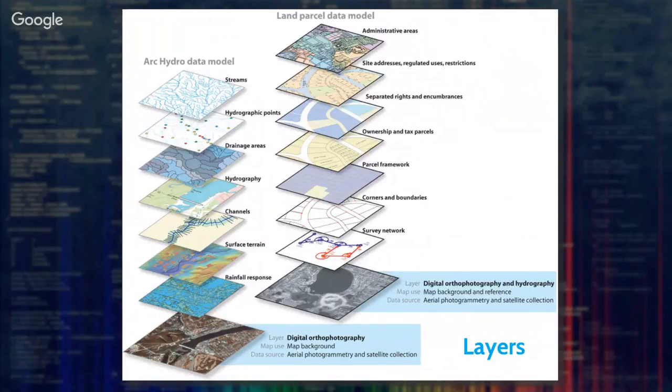Each one of those layers is a theme and a thing. So maybe one layer is roads, and another layer is streams, and another layer is a survey network and a parcel framework, and another one is counties and states and what have you, right? So each one of these things draws whatever it is, put together the sandwich. Now you can start asking questions like which roads pass through which county, right? Roads in one layer, counties in another layer, and because of the way they geometrically intersect or not, right?